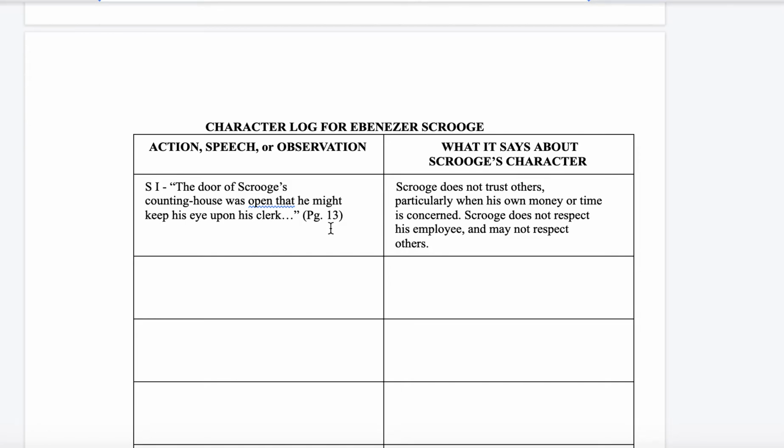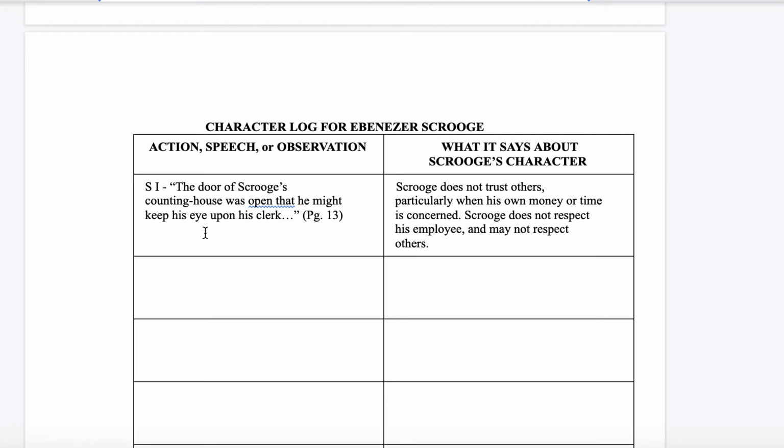However, I will allow you to use this first example that I made as your first entry. So you're supposed to have 4 entries for stave 1. I've done 1 entry for you. So you have at least 3 entries left for stave 1. Let's read this entry together.